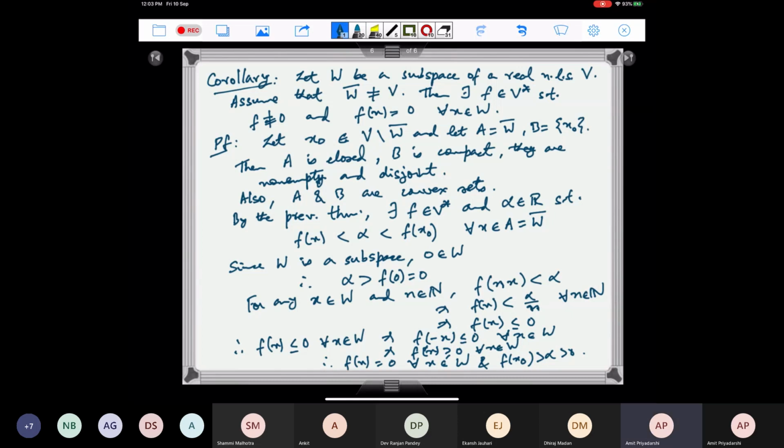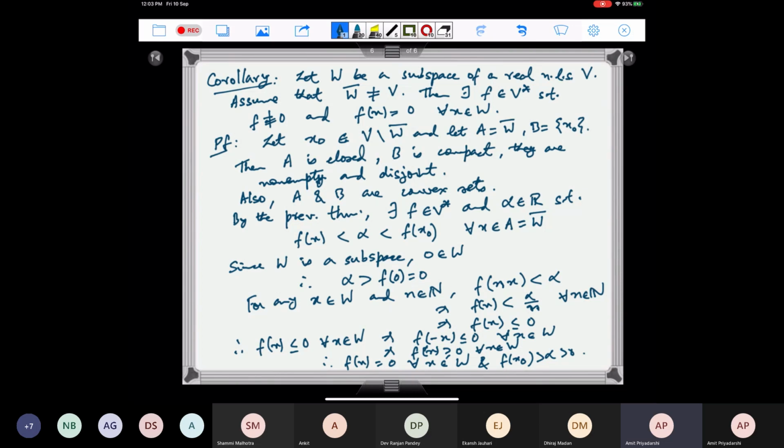Okay, so we will stop here. I think in the next class we will discuss these other important theorems of functional analysis. That is the open mapping theorem, the closed graph theorem, and then there is the Banach-Steinhaus theorem.